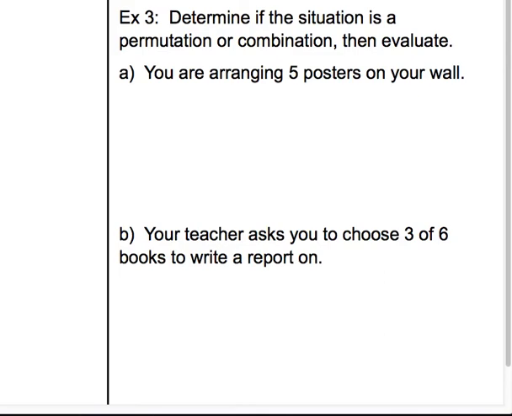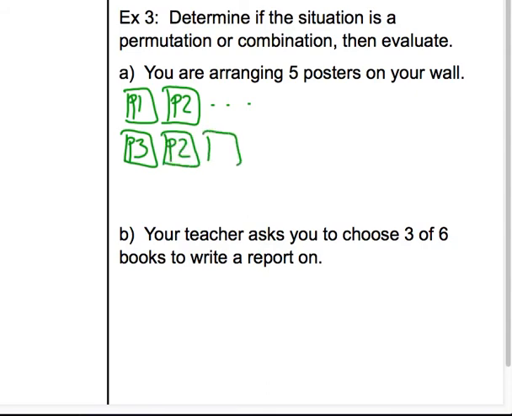Hopefully you came up with a permutation, because if you have poster 1 here and then poster 2 and so on, it would look different than if you started with poster 3 and then poster 2 and poster 5 and so on. So this is an arrangement where order matters.